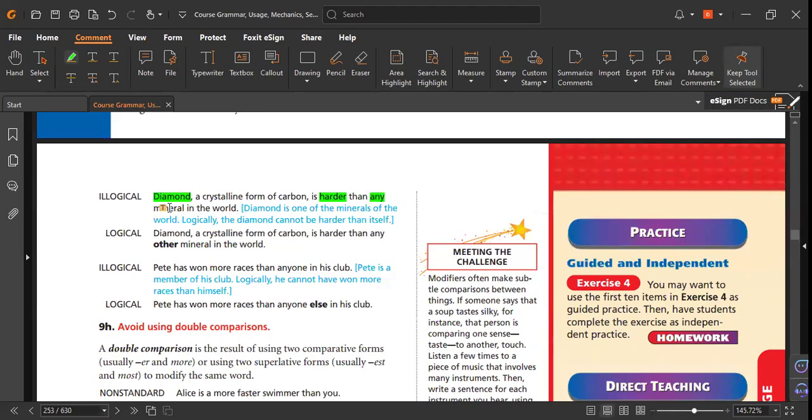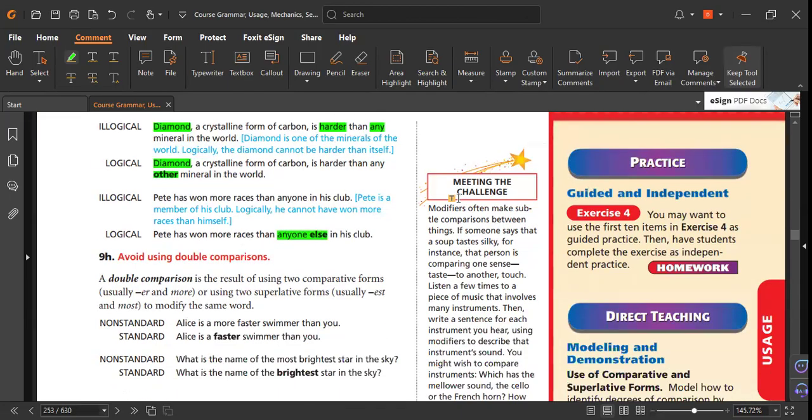If you keep it like that, it means any mineral could include diamond. But the comparison must be different. So you must add the word "other" to make it that diamond is different from the other group, not one of them. So in comparisons, we need to use, for example, the word "else" or the word "other". These are common mistakes.